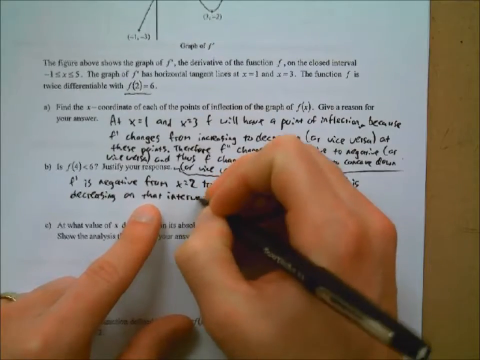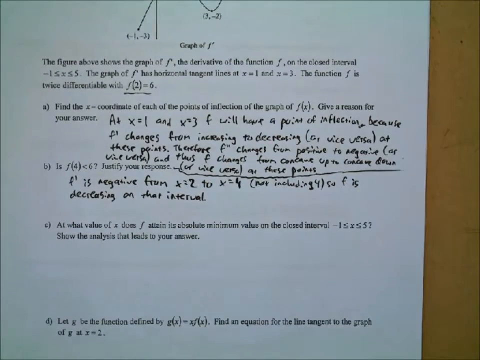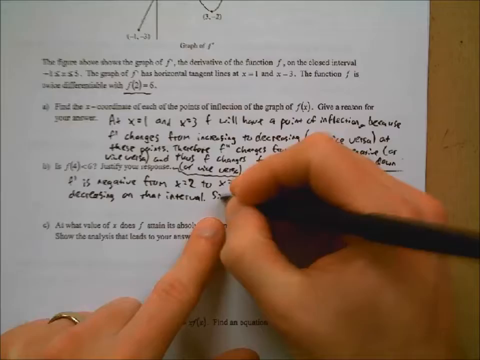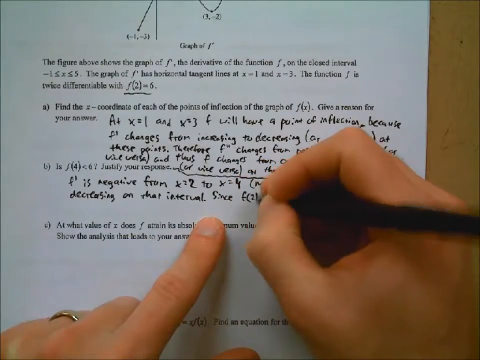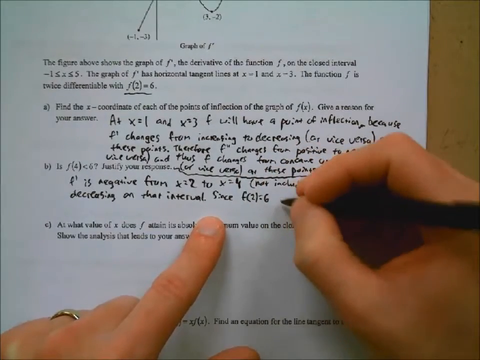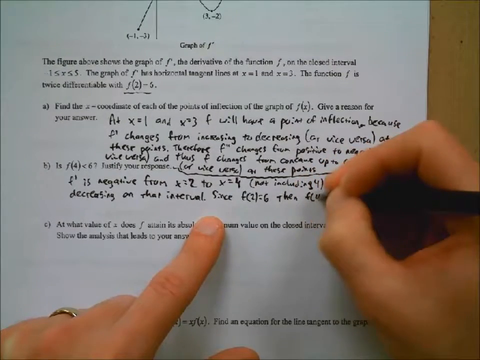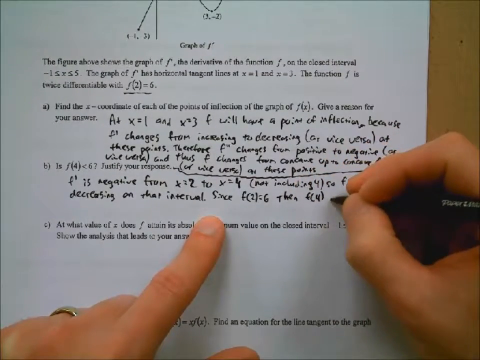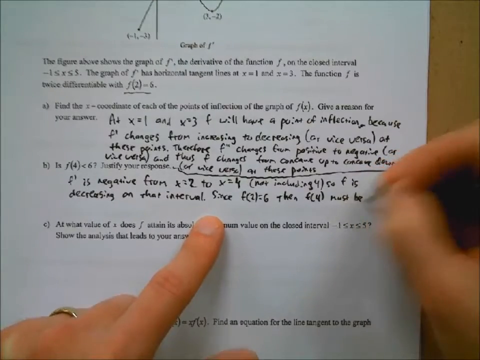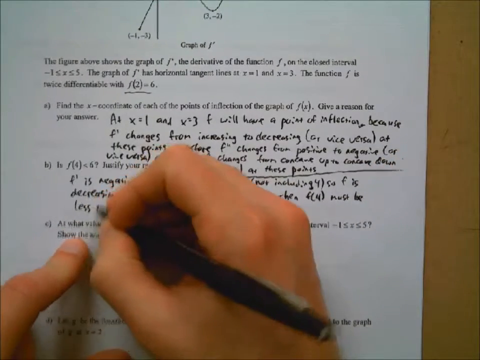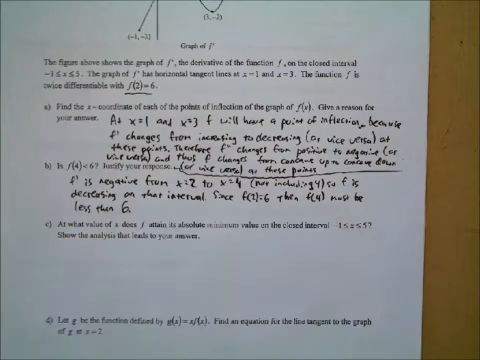Since f of 2 equals 6, then f of 4 must be less than 6.